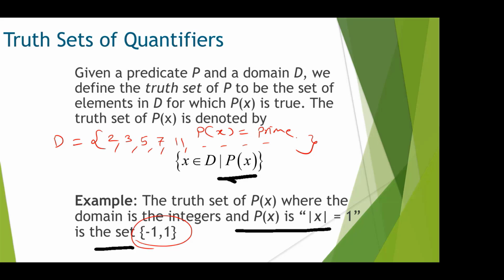Every time it won't be possible that we have the elements given to us. Sometimes it is in the form of set builder notation, sometimes in the form of some predicate, and whichever values satisfy that predicate will be part of my set.